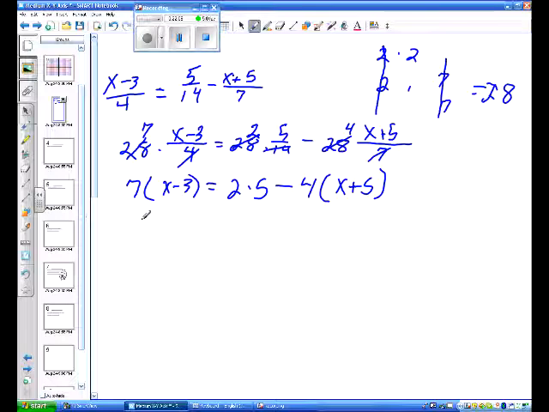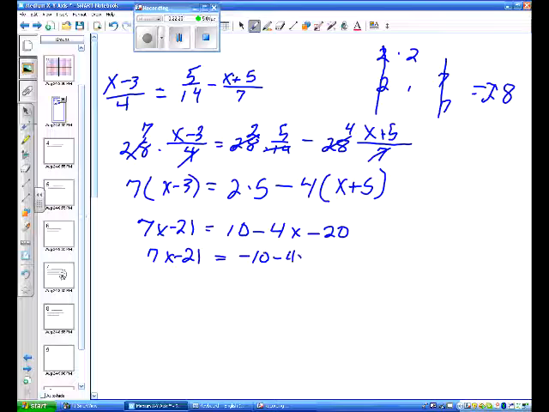So now we distribute. We have 7x minus 21 equals 10 minus 4x minus 20. Don't forget we're distributing a negative 4. Combining our like terms, we have 10 minus 20 is negative 10 minus 4x. And again, this is as hard as you'll ever have to solve. So we're going to add 4x to both sides.